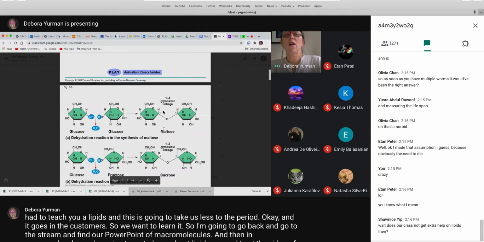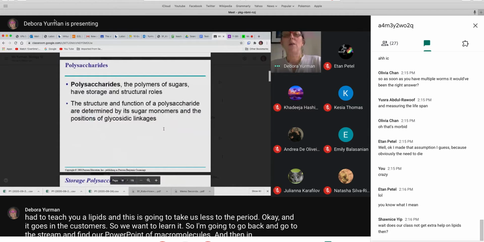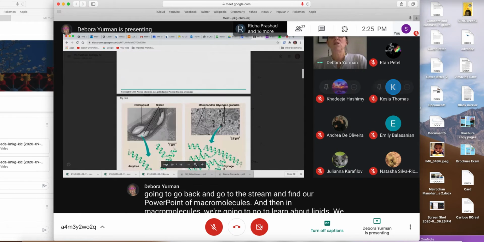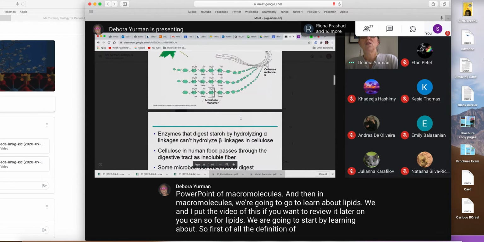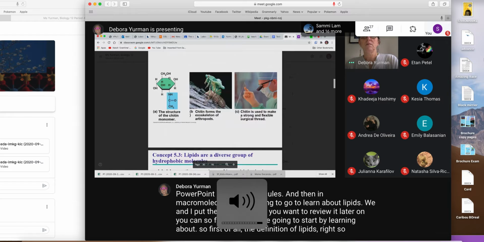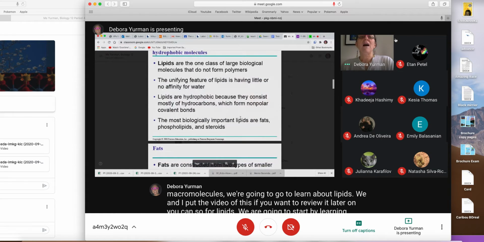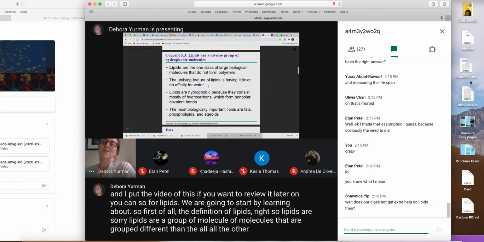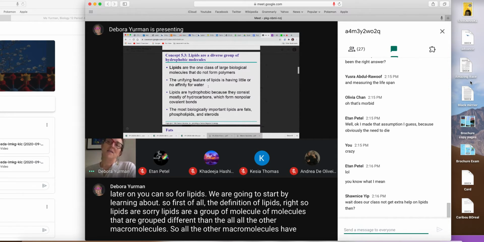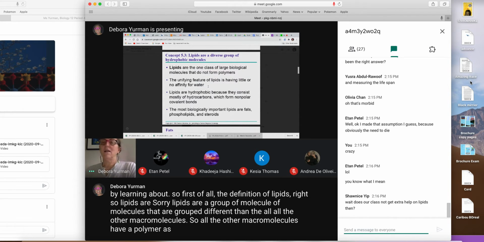So for lipids, we are going to start by learning the definition of lipids. Lipids are a group of molecules that are grouped differently than all the other macromolecules. All the other macromolecules have a polymer, a monomer that repeats.